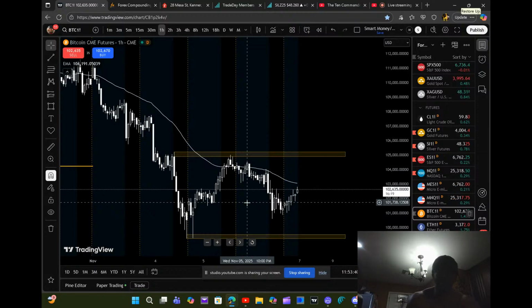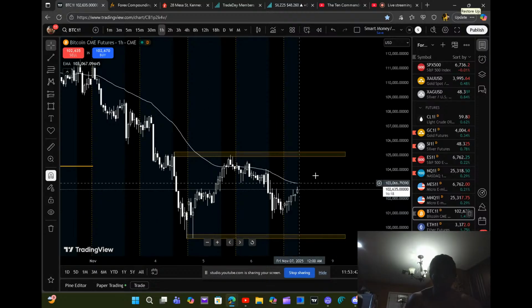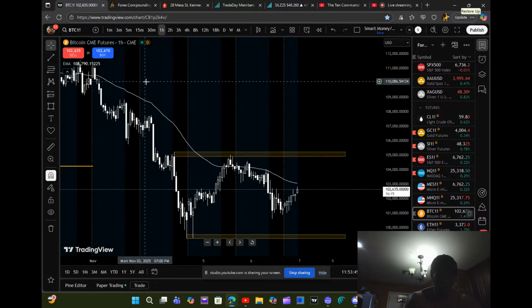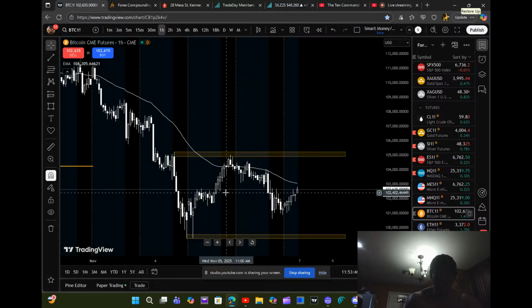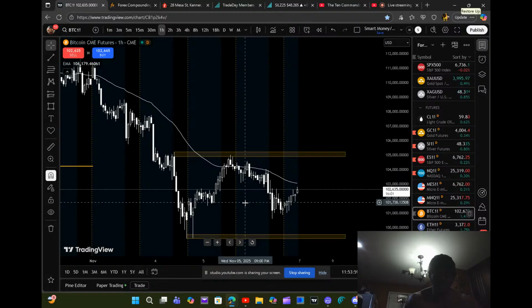It's in no man's land right now. Now you can get little small scalps up in here, because you see how this broke this little small lower time frame zone. But you're taking a risk if you take that.